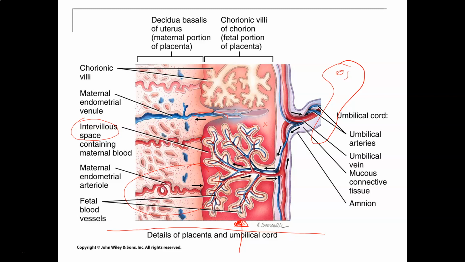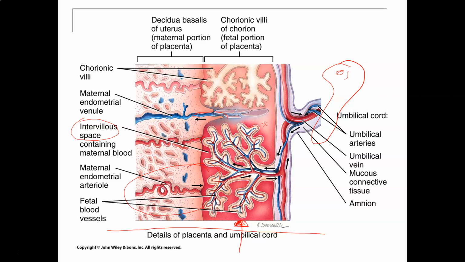The corpus luteum is no longer needed because the placenta has taken over that hormone production of estrogen and progesterone. And so we could say that it has an endocrine function, also an immune function, so there are some antibodies that cross the placenta. So it has all these different functions: endocrine, digestive, urinary, respiratory, the gas exchange.